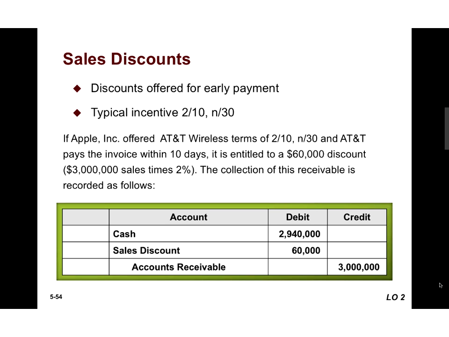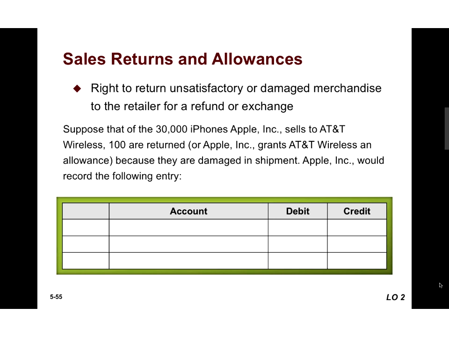One more twist in revenue recognition are something called sales returns and allowances. Customers have the right to return damaged merchandise or merchandise that's unsatisfactory, and so companies need to record those. So let's assume 100 of the iPhones are returned from this original invoice, 100 phones at $100 each.